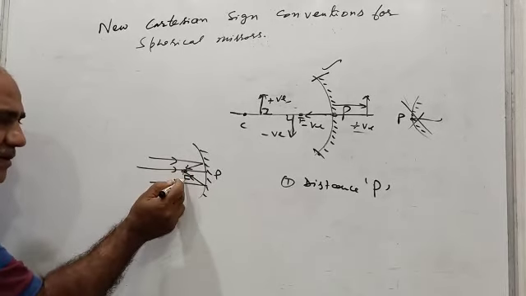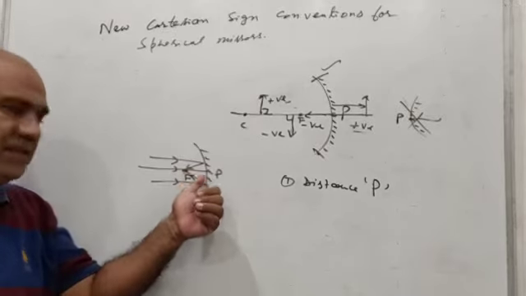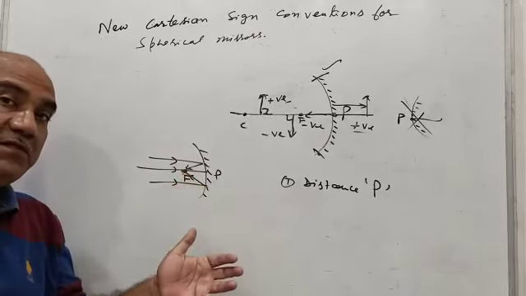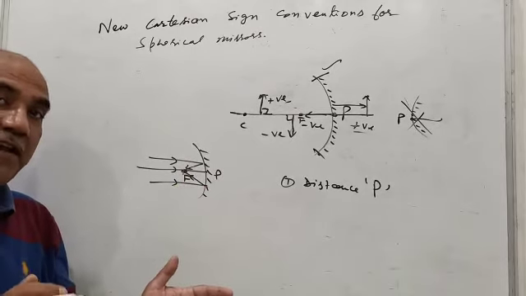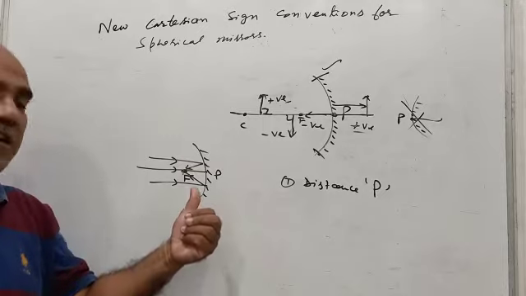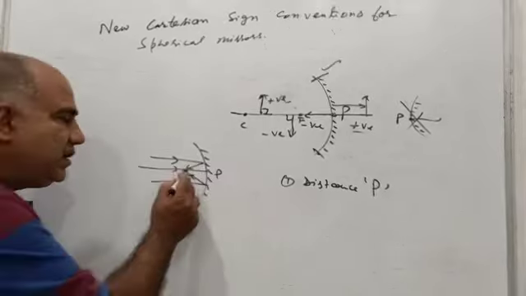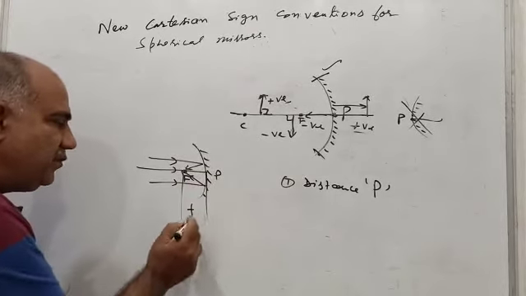Once again, the principal focus of a concave mirror is a point on the principal axis to which all the light rays which were parallel and close to the principal axis before reflection are converged. Undoubtedly, the distance between the pole and the principal focus is called the focal length.